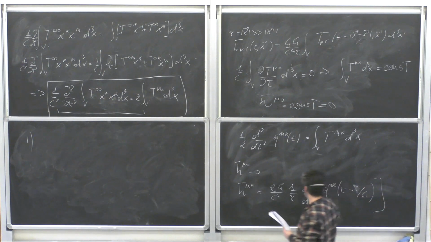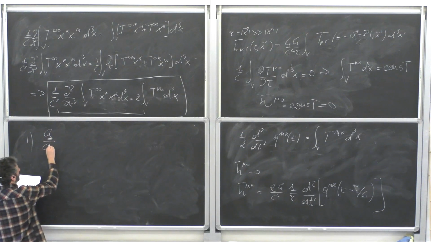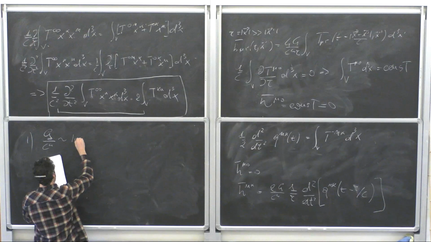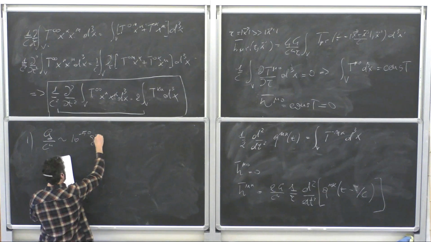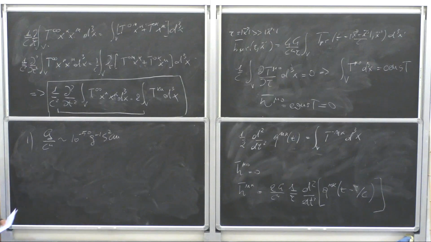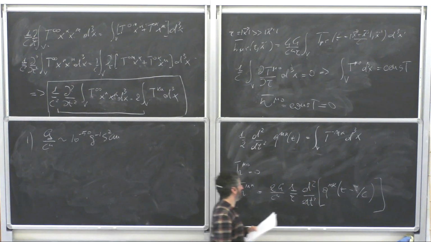So the first note that we want to make is that the gravitational waves have a coupling in front, which is this guy here, and this number, if I made the conversion correctly, is something like 10 to the minus 50 grams minus 1 second squared centimeter. So it's a very, very small coupling, which tells you that the amplitude in general is extremely weak.